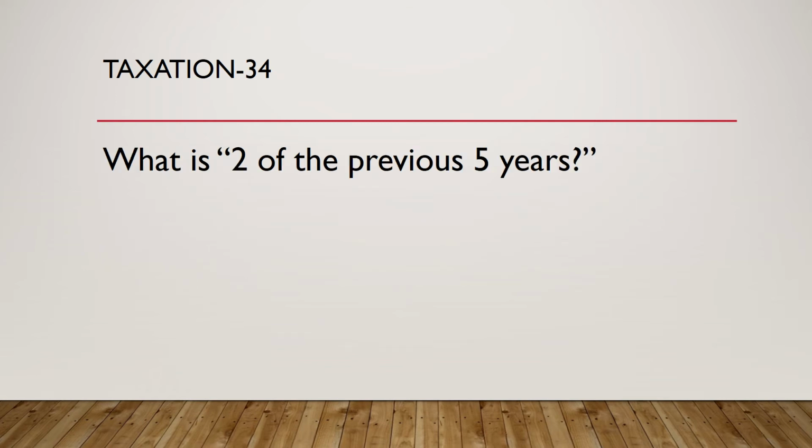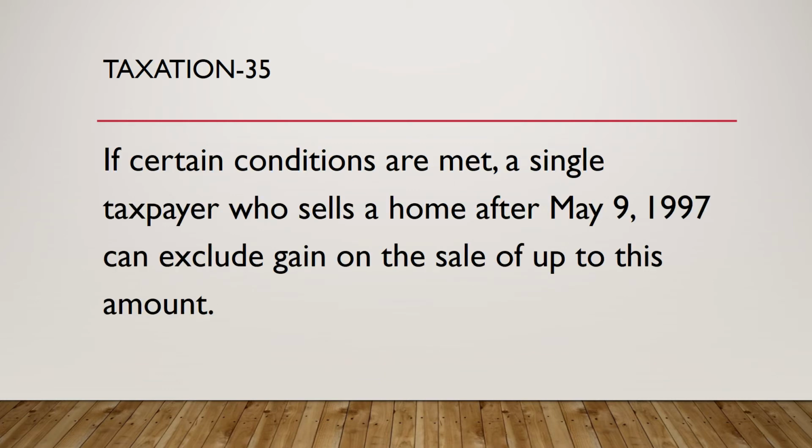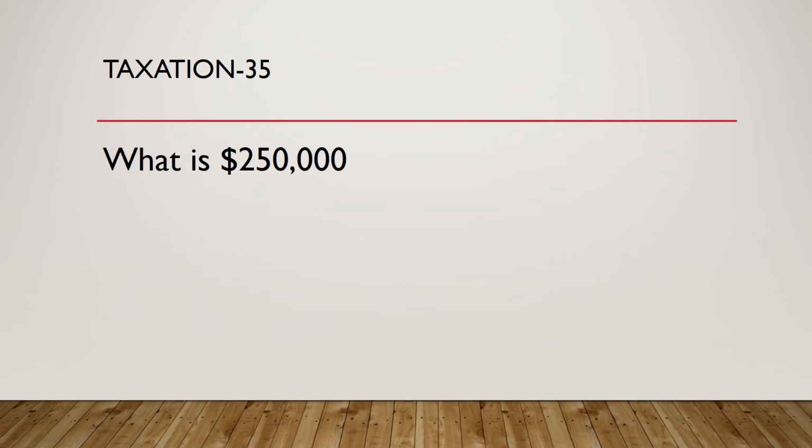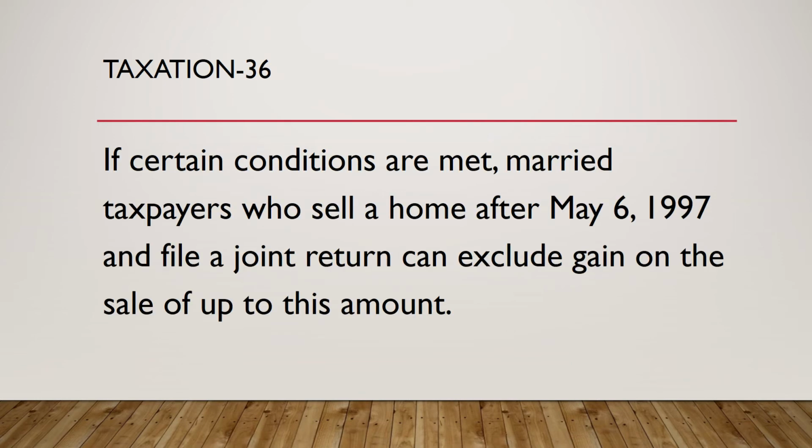What is 2 of the previous 5 years? Question 35. If certain conditions are met, a single taxpayer who sells a home after May 9, 1997 can exclude gain on the sale of up to this amount. What is $250,000?